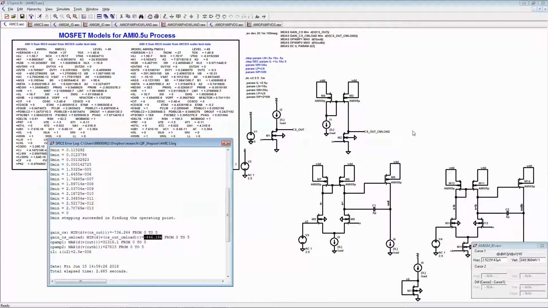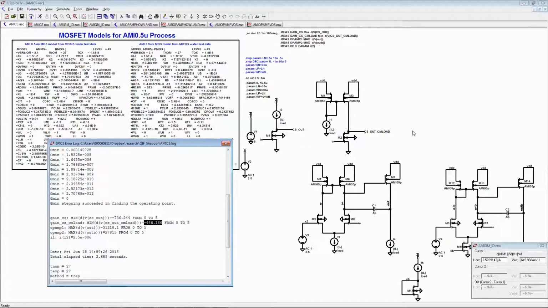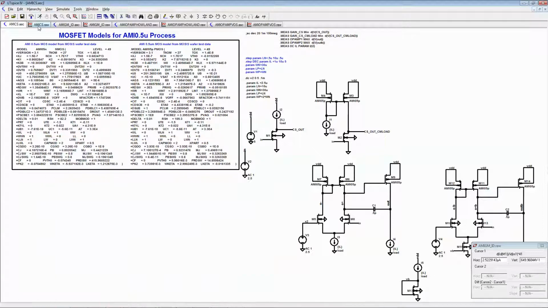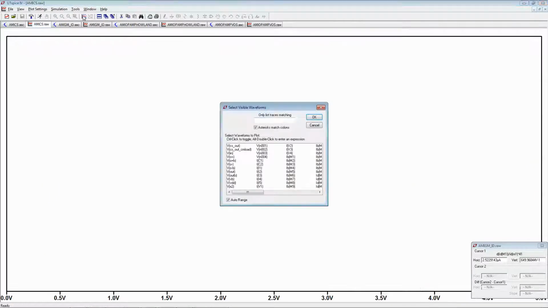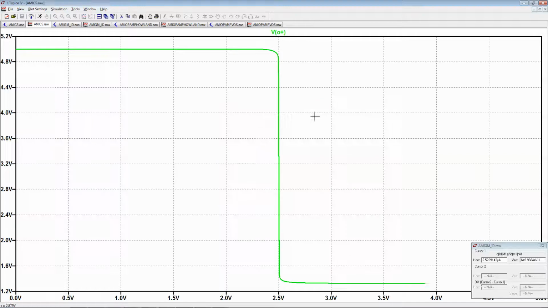Now let's go to the differential pair with an ideal current source here, and I'm going to have to, rather than extract it. Alright, so I'm sweeping, and V out goes high and then goes low.